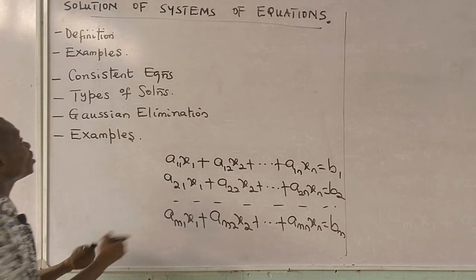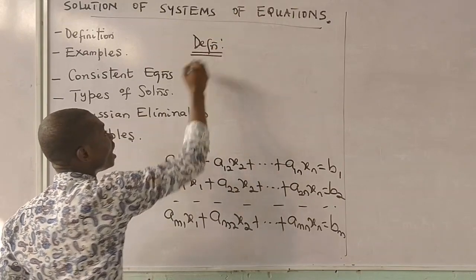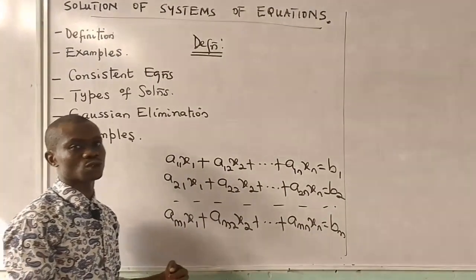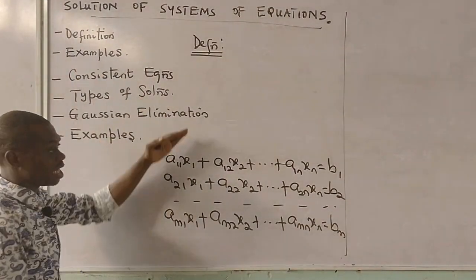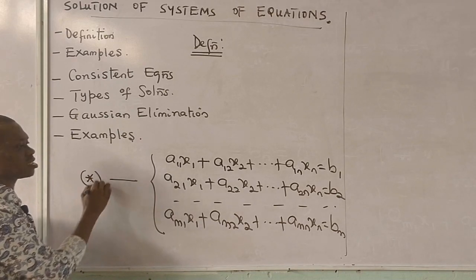Alright, so definition. What is a solution? A particular list of scalars is considered to be a solution of a particular system. So let's assume we are referring to this system. Let me call it star.